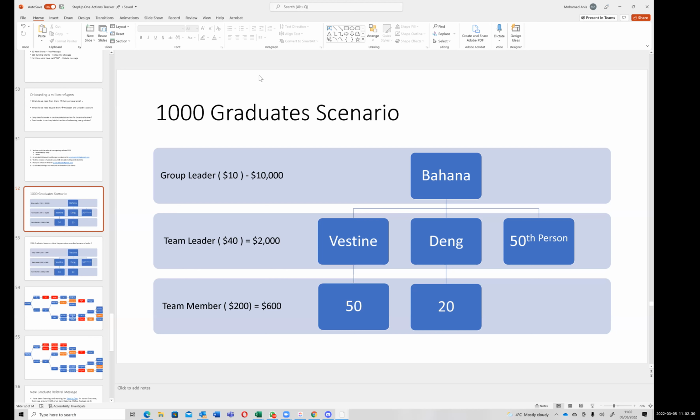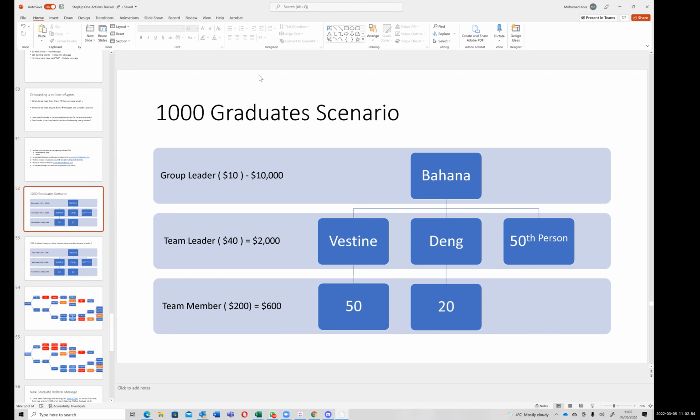Because for me, I want a scenario whereby if we start with, for example, this 300, how can we scale this 300 into, let's say, 1,000 to 10,000 within the same group? There are layers from team member, team leader, group leader, and a reward system throughout.